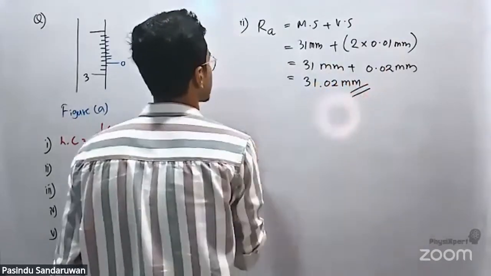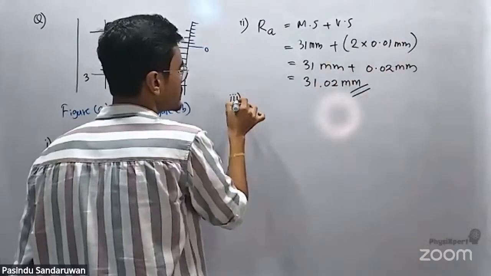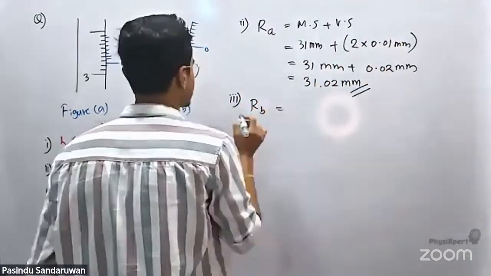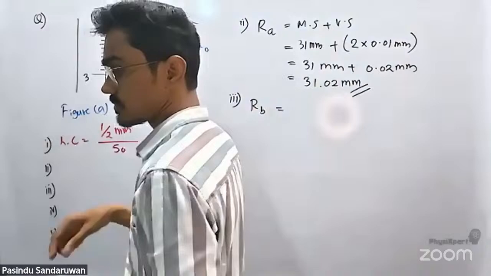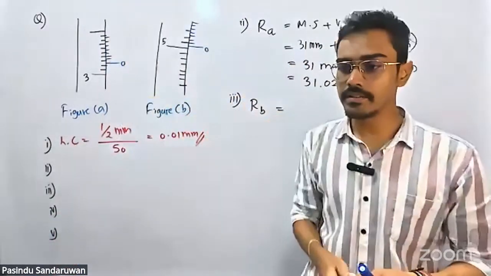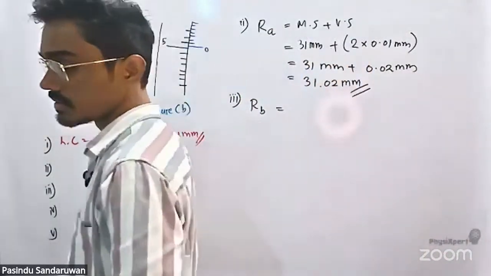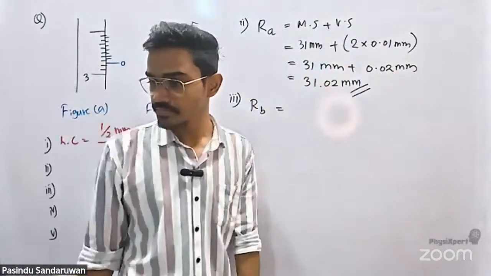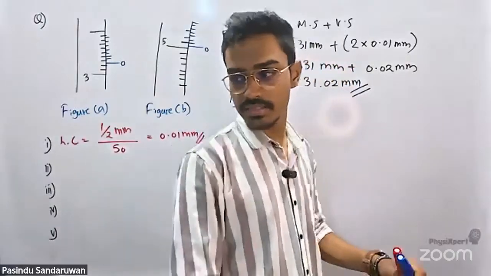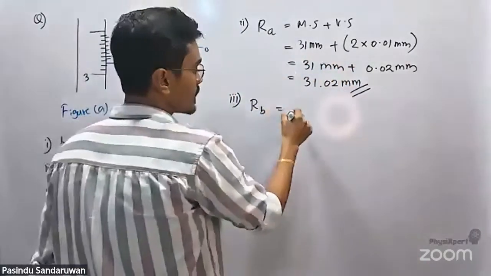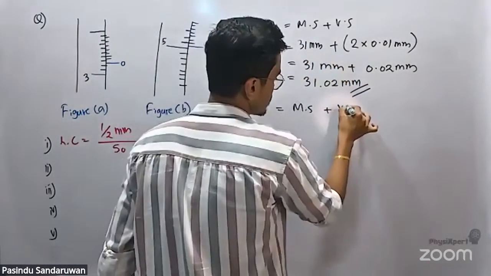Yeah, that is correct. What about RB? RB, anyone? Reading here. Quickly. 50.01. Let's see. Same thing again: main scale plus vernier scale.